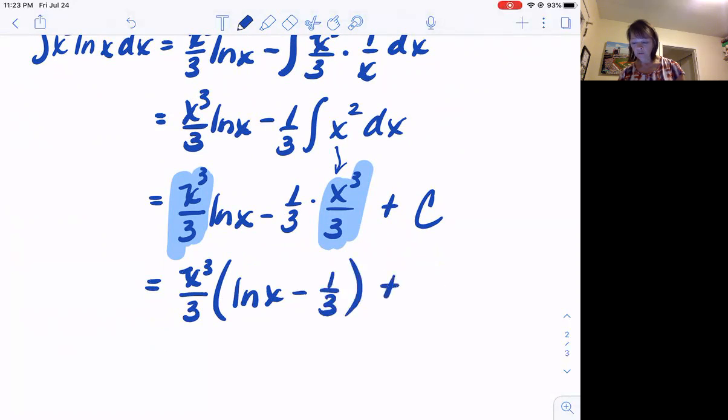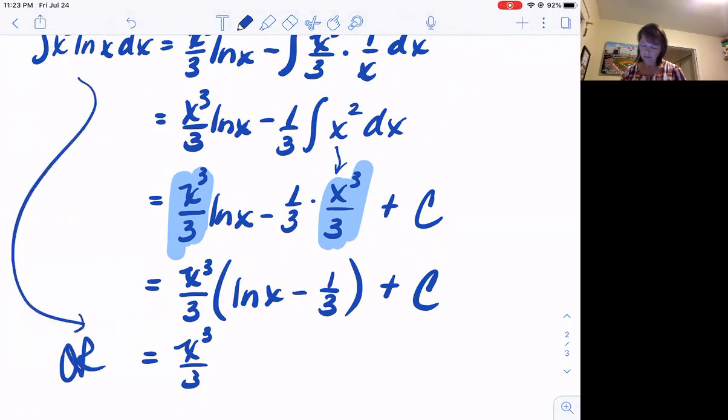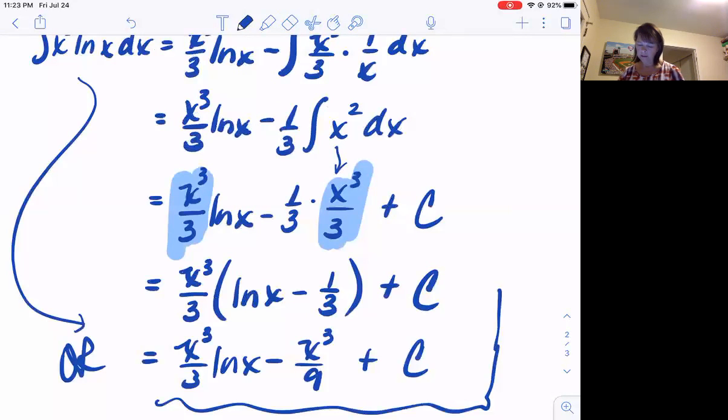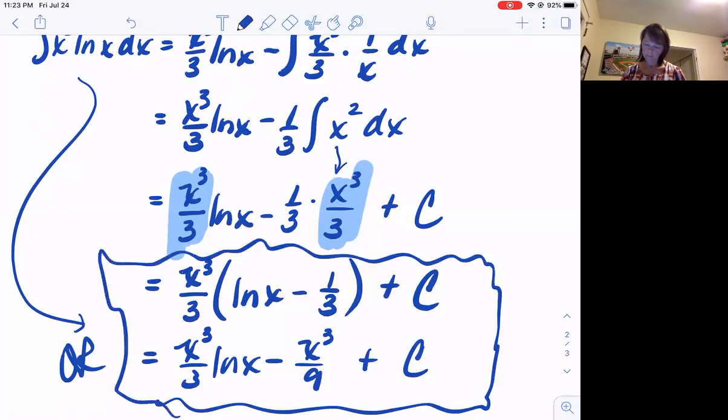That would, of course, change what the c is, but sometimes we like to do things like that. Doesn't matter. So here's our integral, x cubed over 3 ln of x minus x cubed over 9 plus c, and we could have that as our answer, either or.